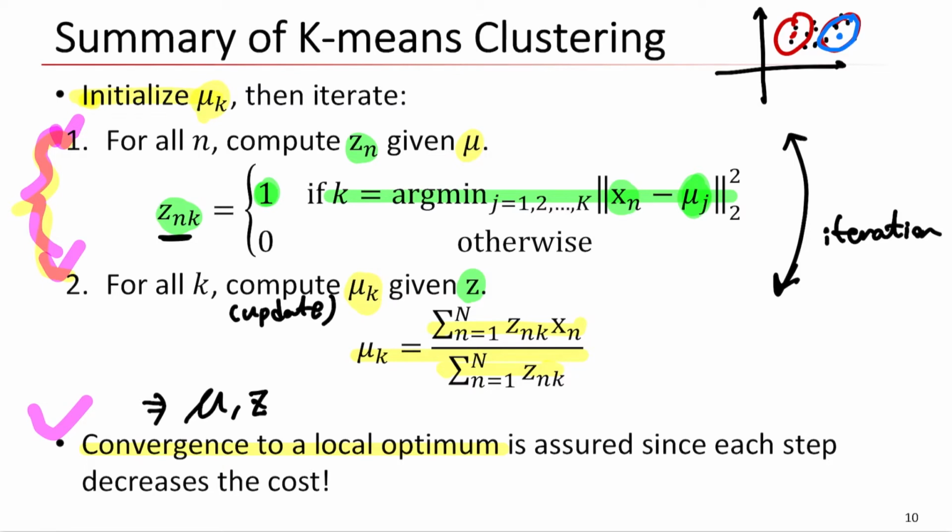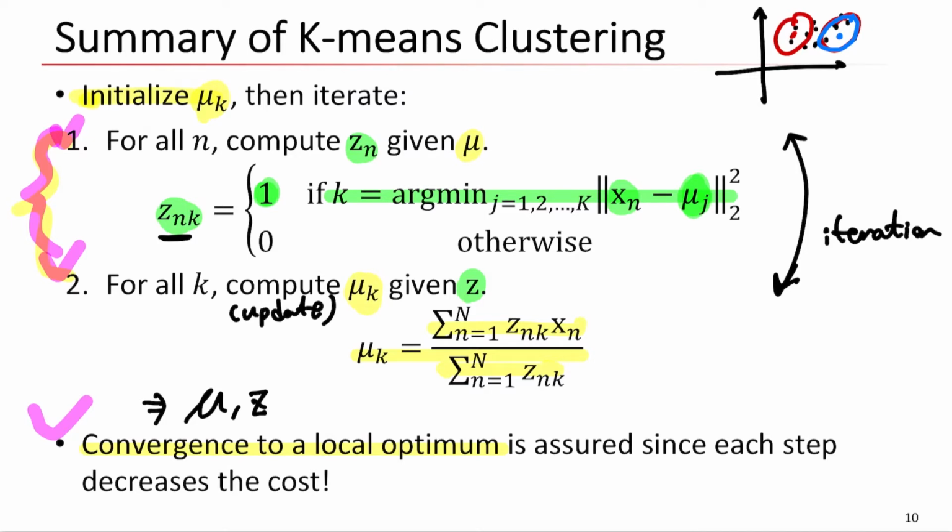So this is the k-means clustering algorithm. Actually, it is really simple and really intuitive, right? There are two sub-problems that can be solved by iterative update rules.